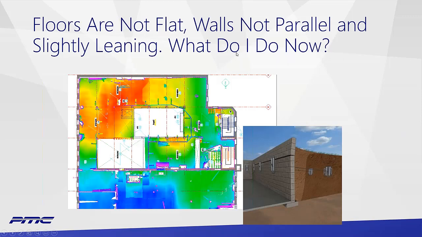So let's dive in there. What do we do when we find things that don't make sense, that don't produce good CAD geometry? In this case, what do we do when the floor is not level or the walls are out of plumb? This discussion varies on each project for us when we're the ones doing the CAD work.